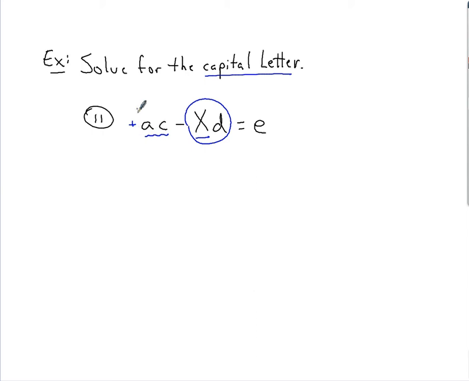Because the coefficient would be 1 in front. So I need to take that AC, I need to move it over. If this is a positive, to move it over, I subtract it. Right? How we've been solving all these equations, we're using the opposite operation to move a piece from one side to the other. And that AC is another term, again, because the A and the C are joined by multiplication. So I move that over.